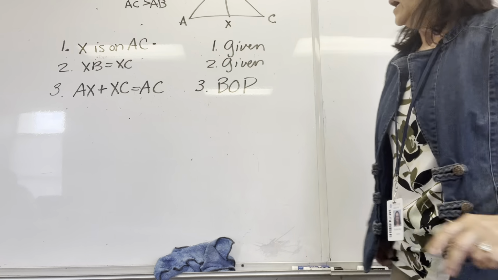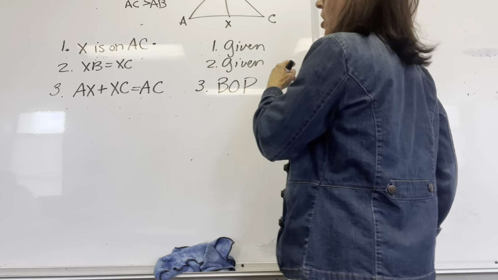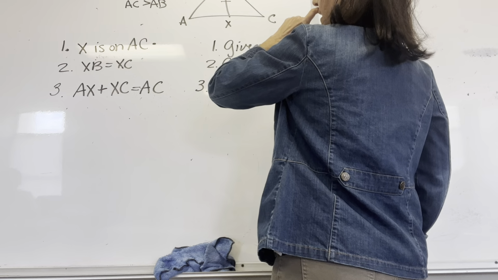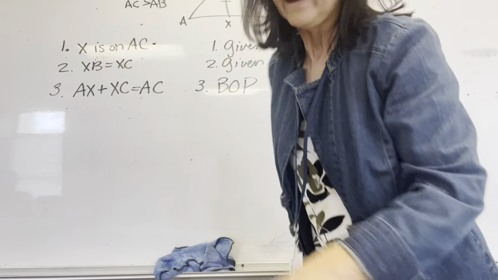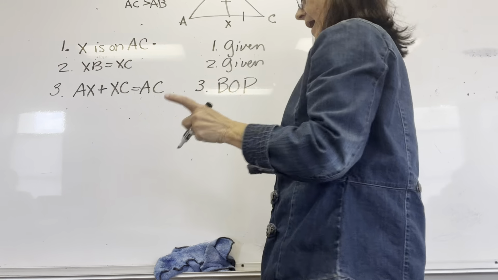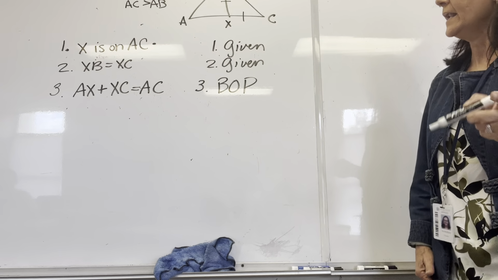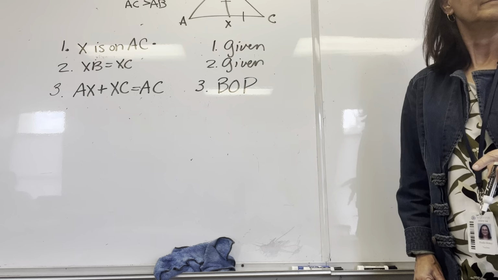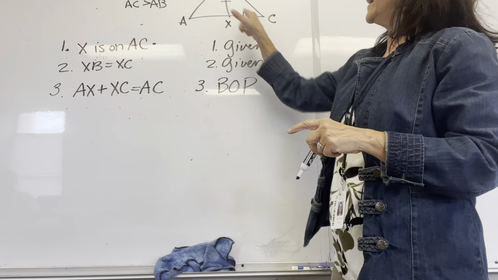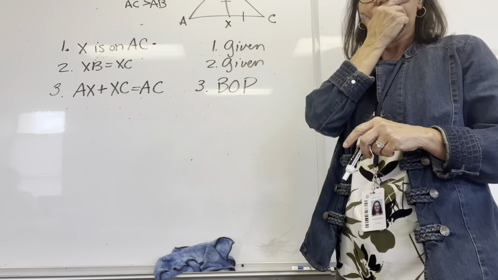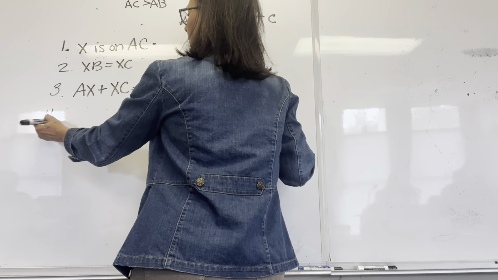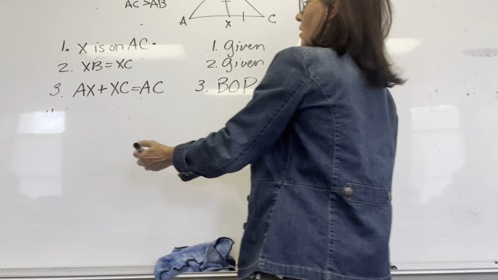Okay. Now I know that XB equals XC. Did I write that correctly? What can I know from that? That equals that, so the angles opposite are equal. Okay, so what angles are equal?